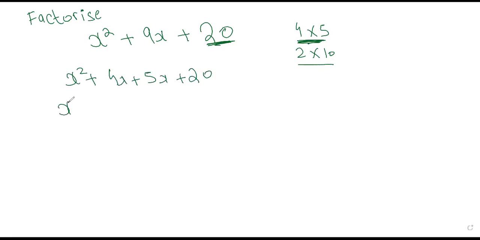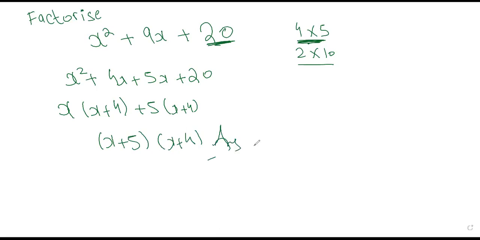I'll take x common. This would be x plus 4. 5 common. This would be x plus 4. And finally, we have x plus 5 into x plus 4, and these would be the factors, right? Yes, ma'am.